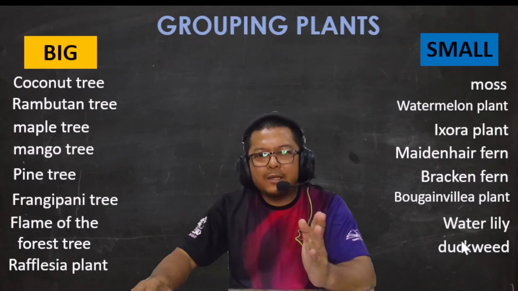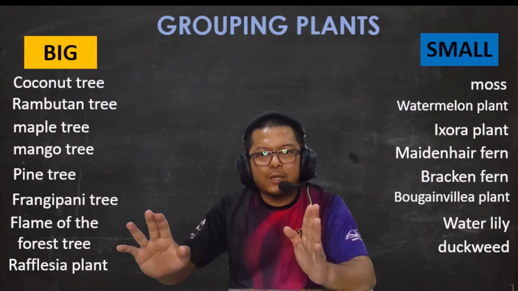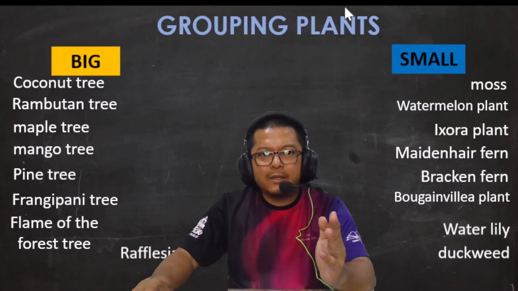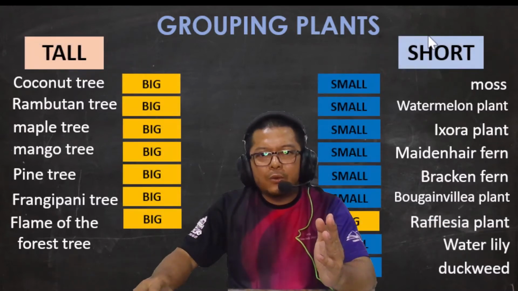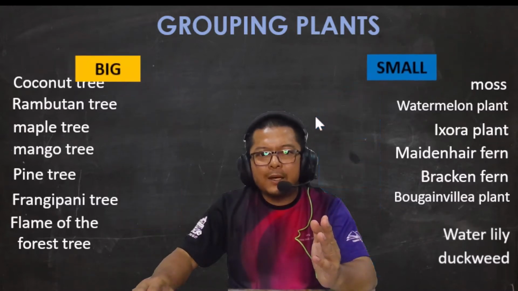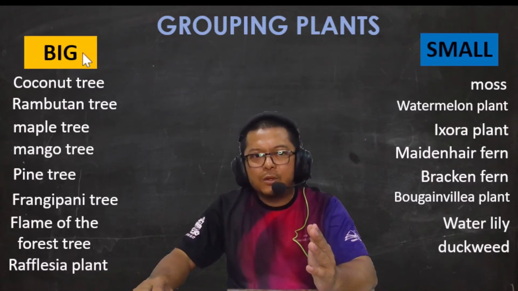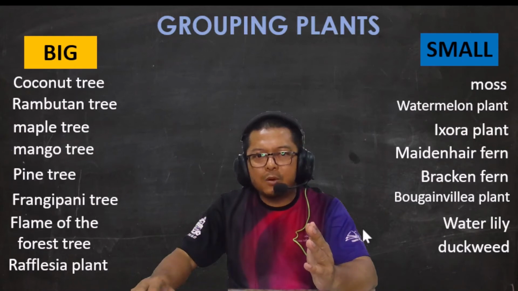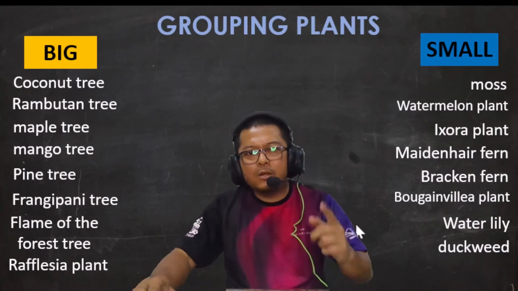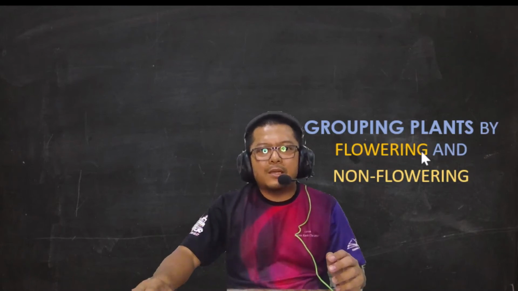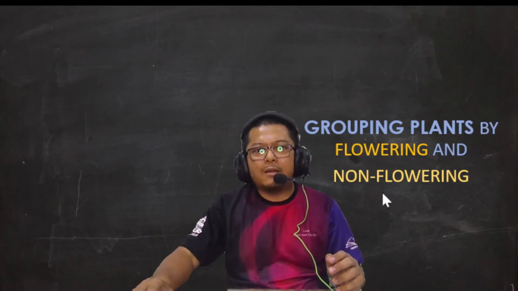So like I said, we shall learn about two ways of grouping: by height, tall or short, and also by size, big or small. So this is big plants, this is small plants.